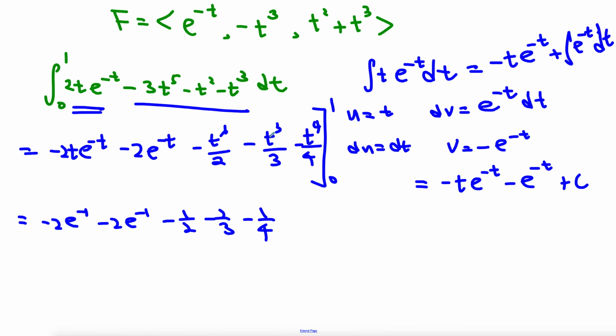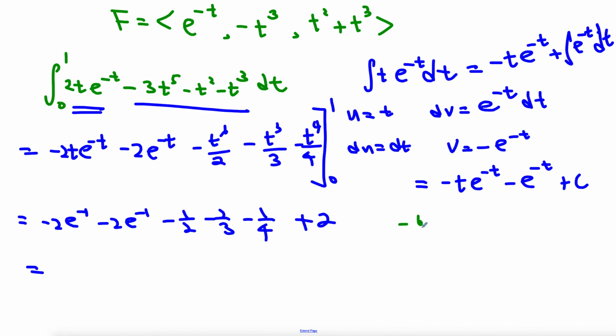Now, when I plug in 0, these three terms cancel away, so this one becomes 0. And I have simply minus, so it becomes plus 2 from here. Then we realize that when I combine these three fractions, I'm going to have a denominator of 12.